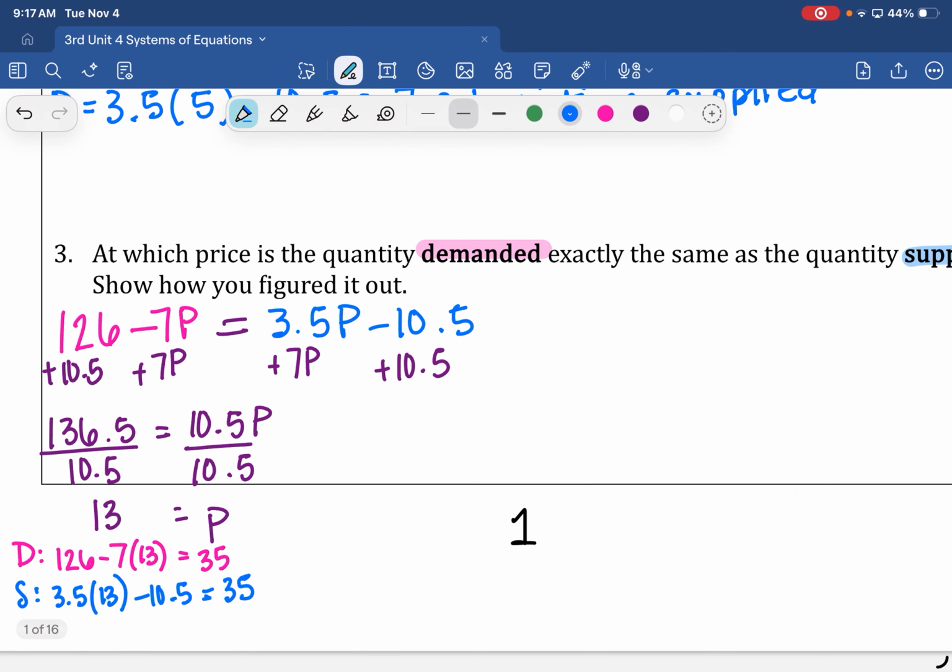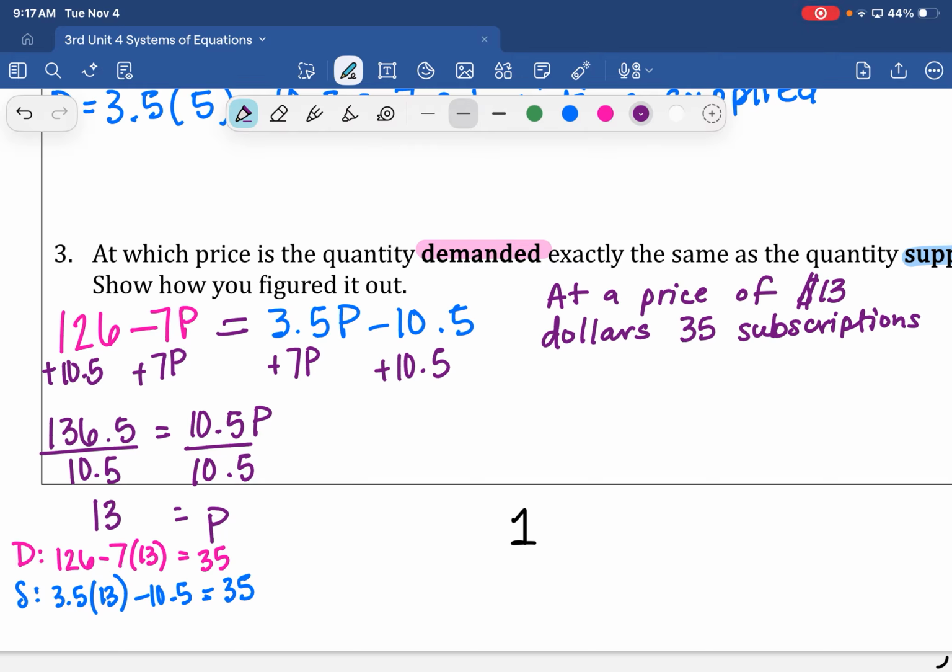So for 3, at a price of $13, 35 subscriptions are demanded. And 35 subscriptions are supplied.